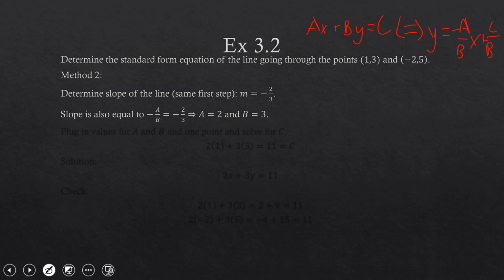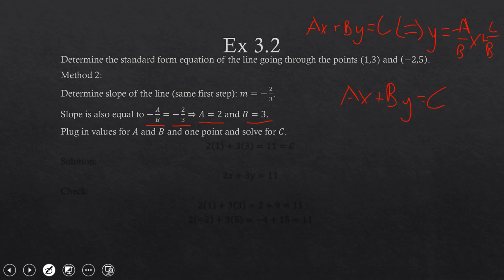And so our slope is also equal to minus a over b. And that's equal to negative 2/3 based off of finding the slope. So that tells us that a equals 2 and b is equal to 3. So we plug in values for a and b into our equation ax plus by equals c, and then we need a point to solve for c.